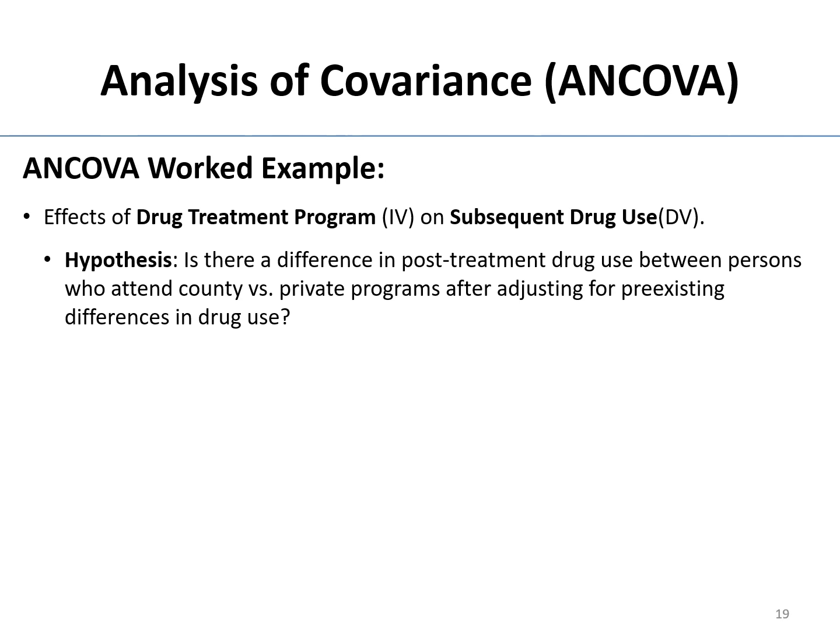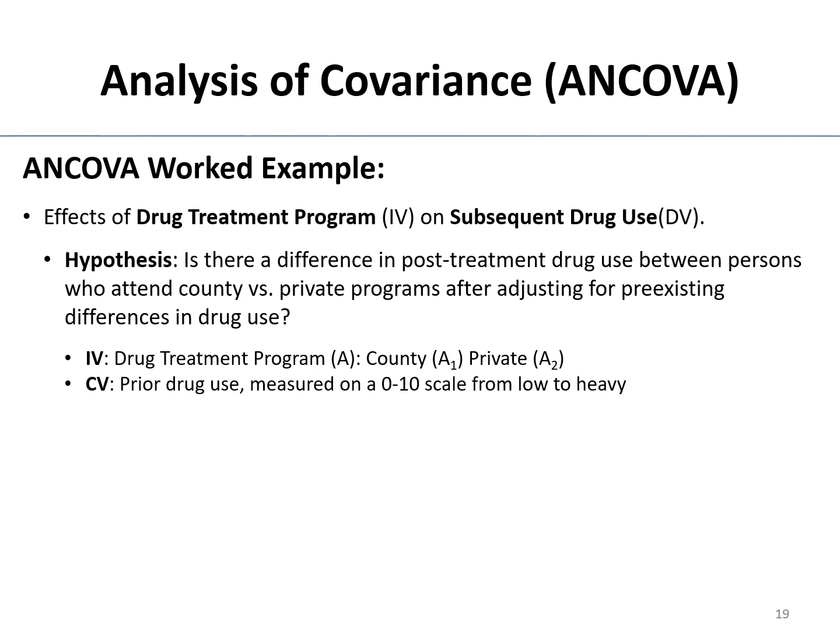How do county versus private programs compare? Your independent variable is type of drug treatment program, county versus private. The covariate is going to be their prior or baseline drug use, measured on that 0 to 10 scale, higher numbers meaning more drug use. Your dependent variable is 6 months post-treatment drug use, also measured on that 0 to 10 point scale.